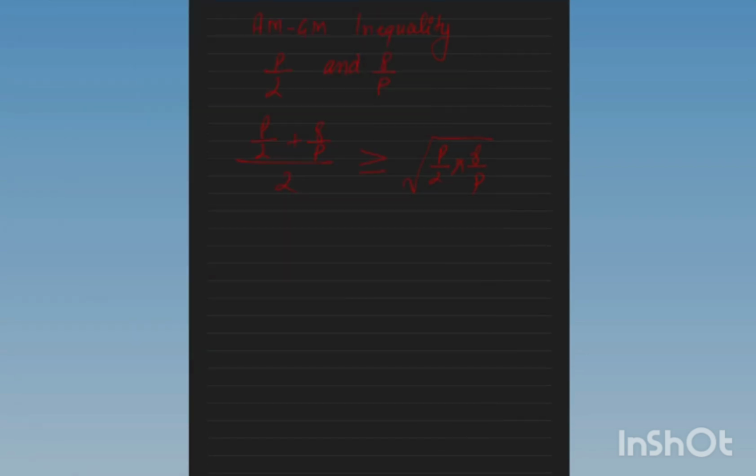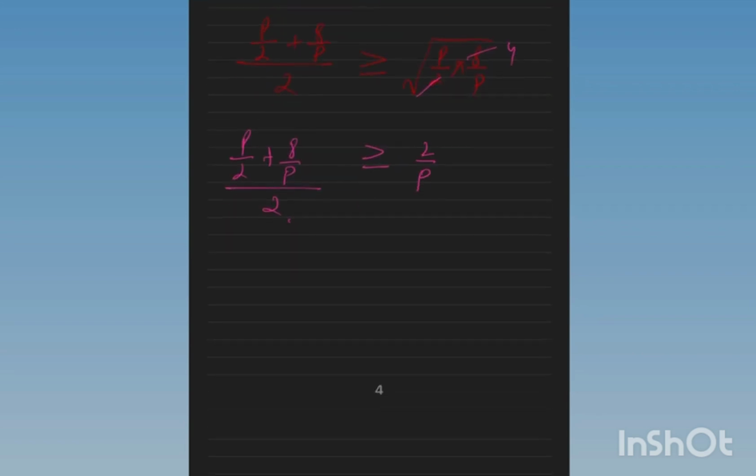So from here, what will be the answer? We can calculate it as greater than or equal to the root of 4, which is 2. And this is (P by 2 plus 8 by P) by 2.